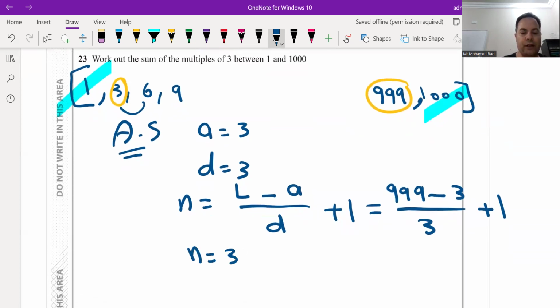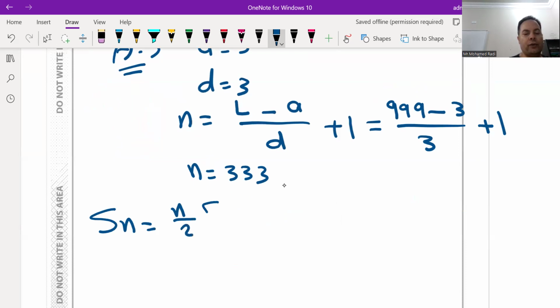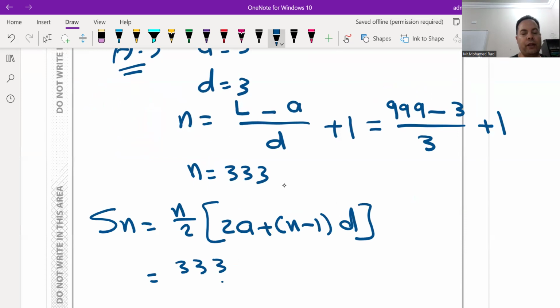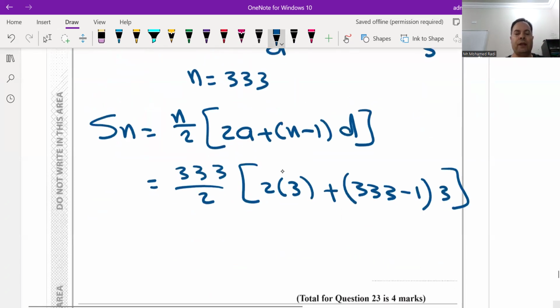N is 333. Now the summation Sn is equal to n over 2 times 2a plus n minus 1 times d. The number of terms is 333 divided by 2, the first term is 3 so 2 times 3, and the number of terms minus 1 is 332, multiplied by the difference, which is 3.